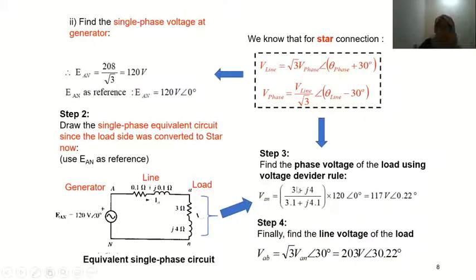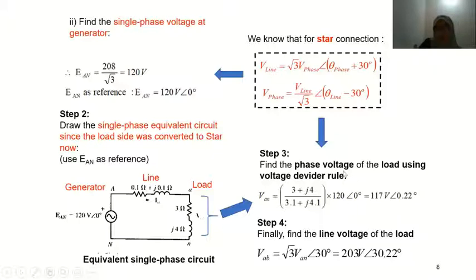So 3 plus j4 divided by the summation of Z line plus Z load, which is 3.1 plus j4.1, times your supply voltage, to get this voltage. We consider this as the supply voltage. This is equivalent to 117 at 0.22 degrees.